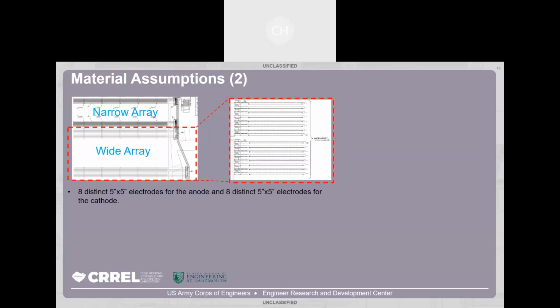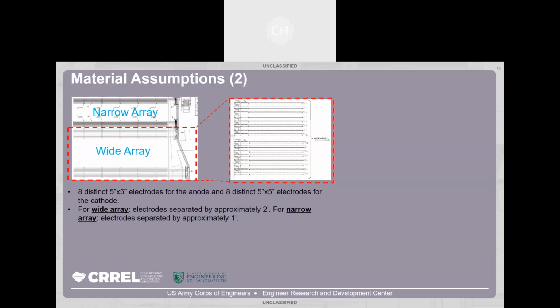So one thing that Romeoville has done is they've created these large bars for their electrodes. So they're 5-inch by 5-inch steel bars, and there's 8 of them that they electrically wire in parallel. So they can be seen as essentially one giant electrode.